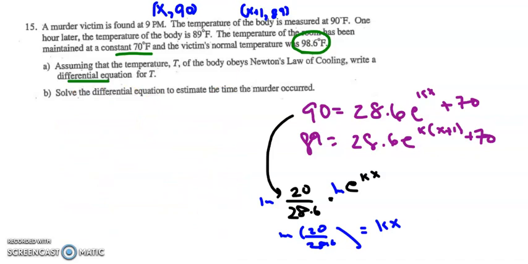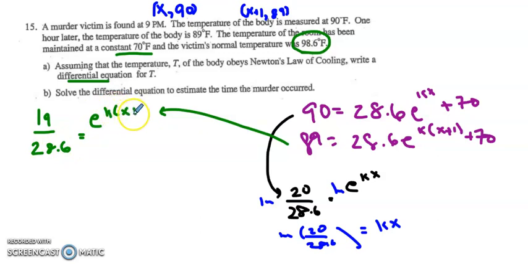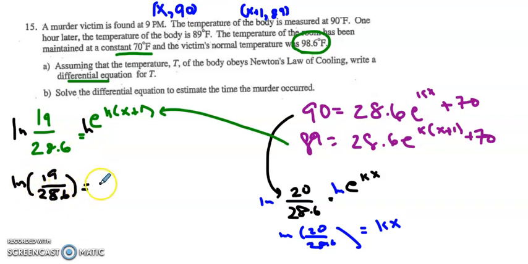And with the second equation, this one, I'm going to first subtract 70 to get 19 on the left, divide by 28.6, and I'm going to have e to the k times x plus 1. I'm going to natural log both sides of the equation, and that's going to give me ln of 19 over 28.6 is equal to just k times x plus 1.